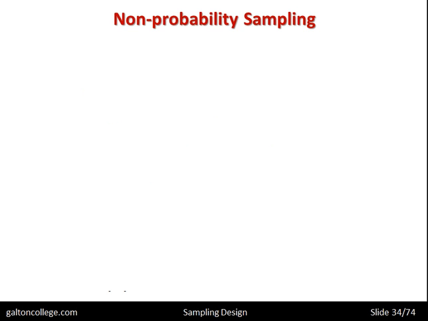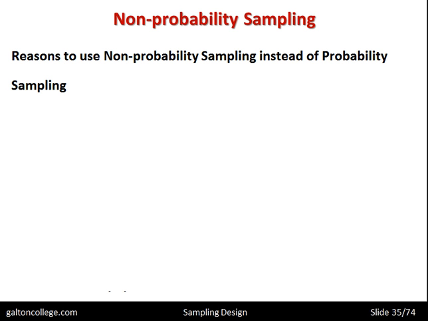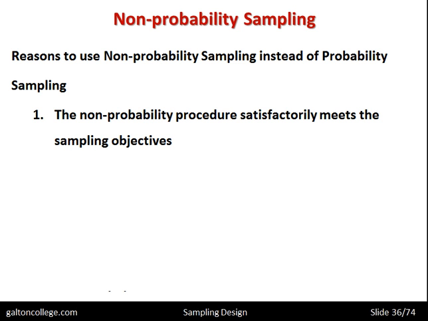Non-probability sampling is quite difficult, and it's difficult to almost justify it. Non-probability procedures have to try and meet the sampling objectives. So they have to look at what the sampling objectives are, and if the sampling objectives enable non-probability procedures to be used, then fine, that's okay.